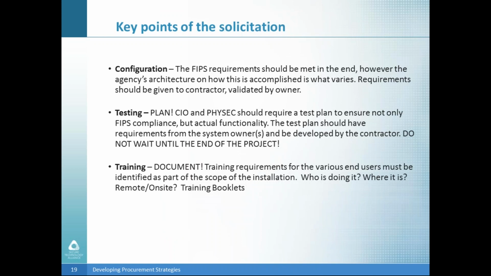So some of the key points that you want to ensure that are in your solicitation, configuration management is really important. So your FIPS and your NIST documents, and some of your IT documents, your agency policy, you need to make sure that how the equipment is getting configured aligns with all those requirements and source documentation.